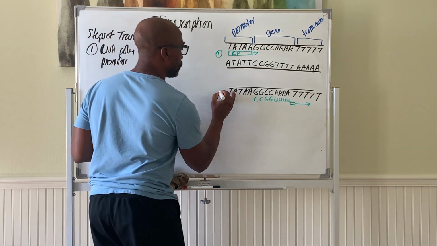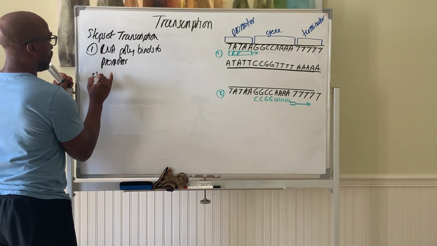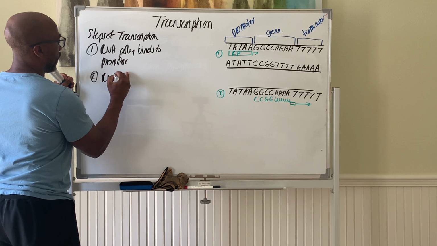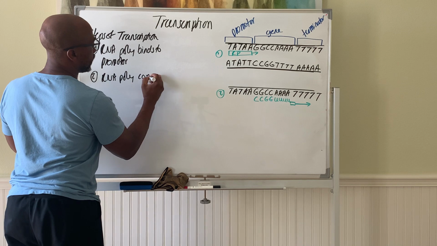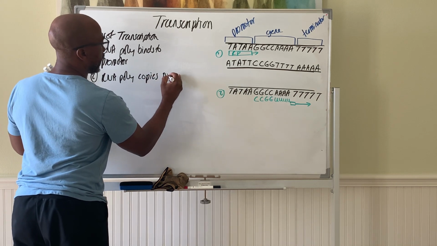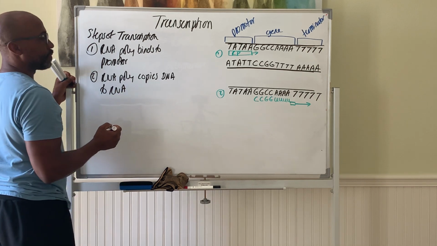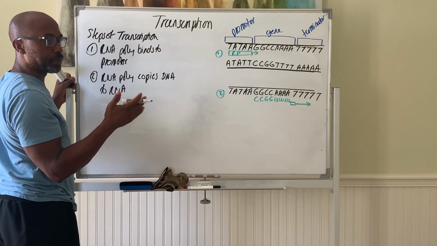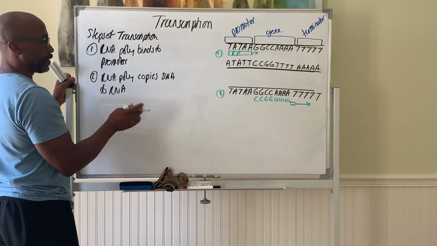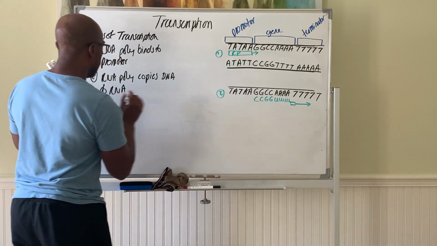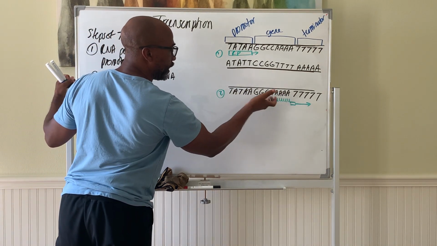That's step two: RNA polymerase copies DNA to RNA. So wherever it sees a G, it puts a C. Wherever it sees an A, it puts a U. And vice versa.